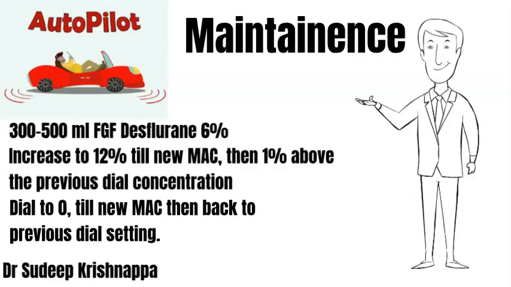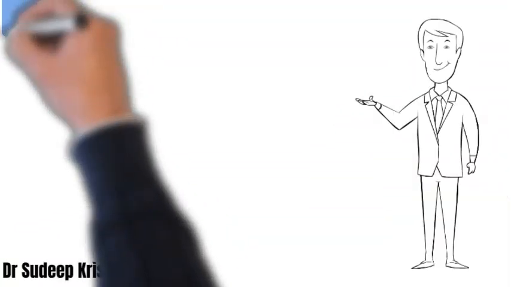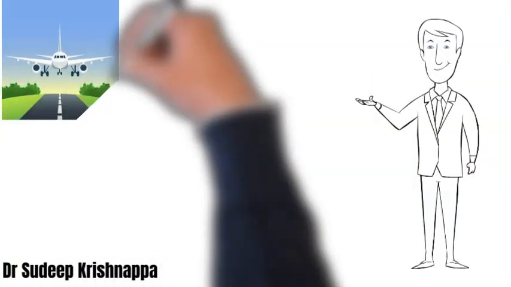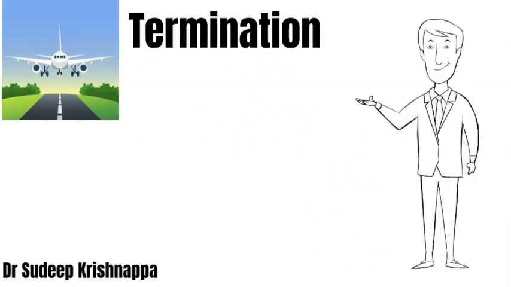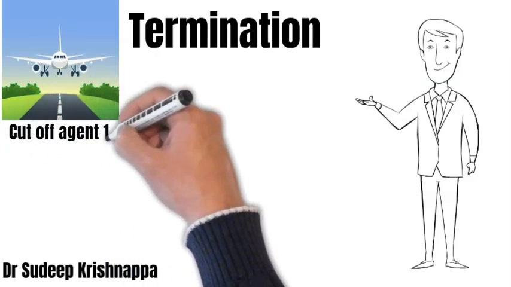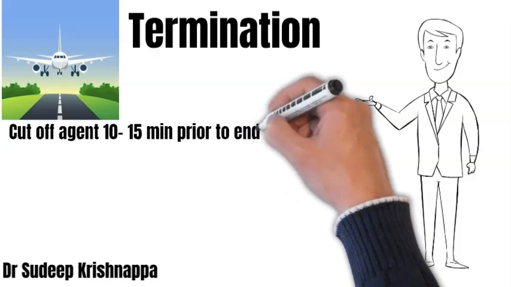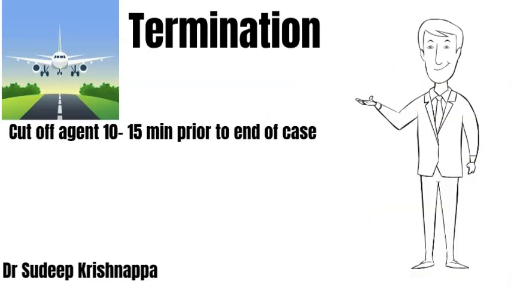During the termination, the desflurane vaporizer can be shut off about 15 minutes prior to the completion of surgery if you are at 300 ml fresh gas flow, or about 10 minutes prior if you are at 500 ml fresh gas flow. With this, the MAC would slowly drift down to about 0.6 or 0.5 over the period of 10 to 15 minutes depending on the fresh gas flow by the time dressing is complete.